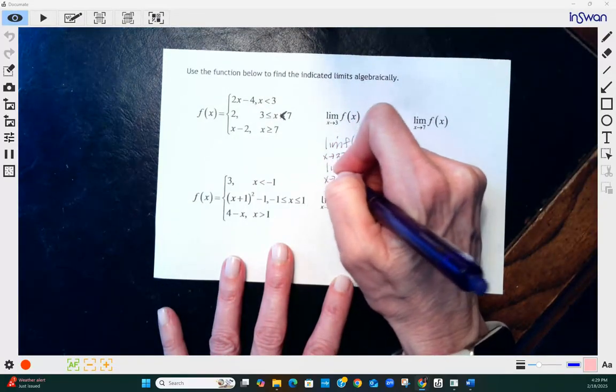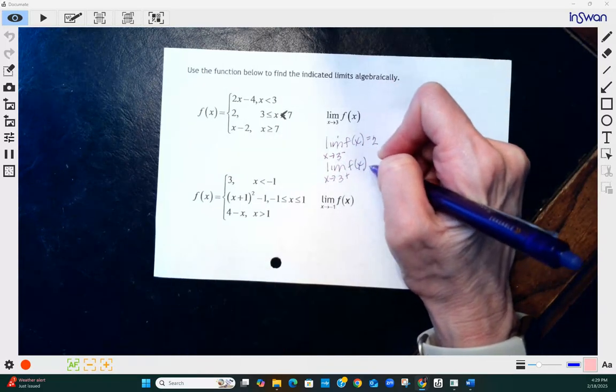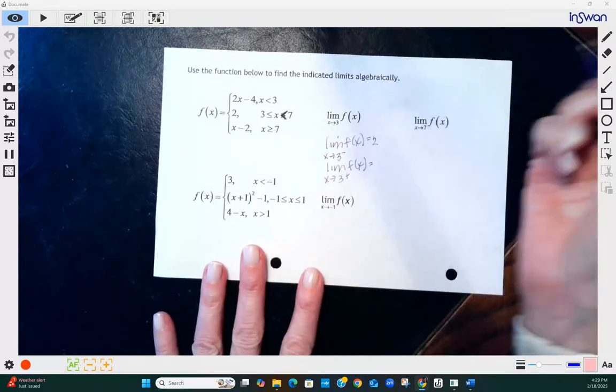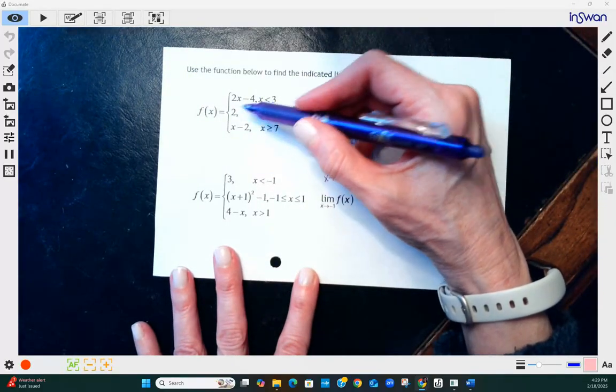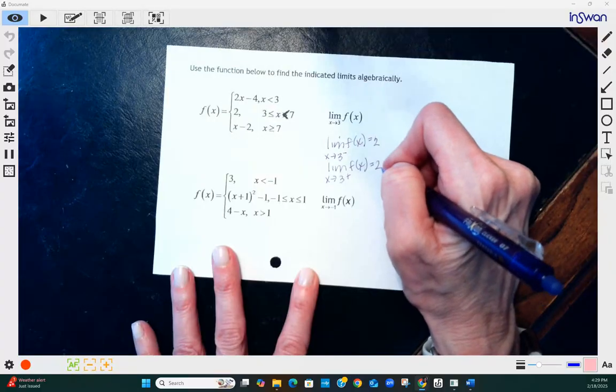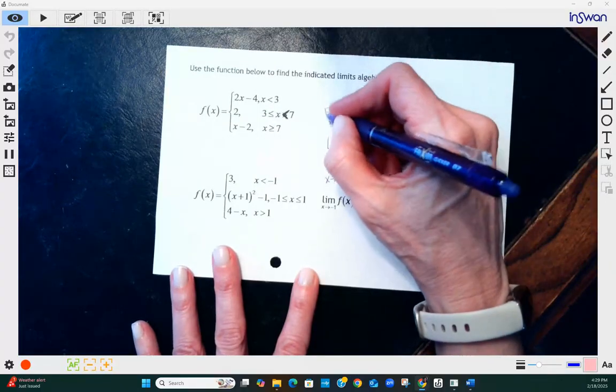The right-hand limit: again think number line, to the right of 3, and this would be x is greater than or equal to 3. So there's nowhere to substitute. That limit is just 2. Since the left-hand limit agrees with the right-hand limit, the limit is 2.